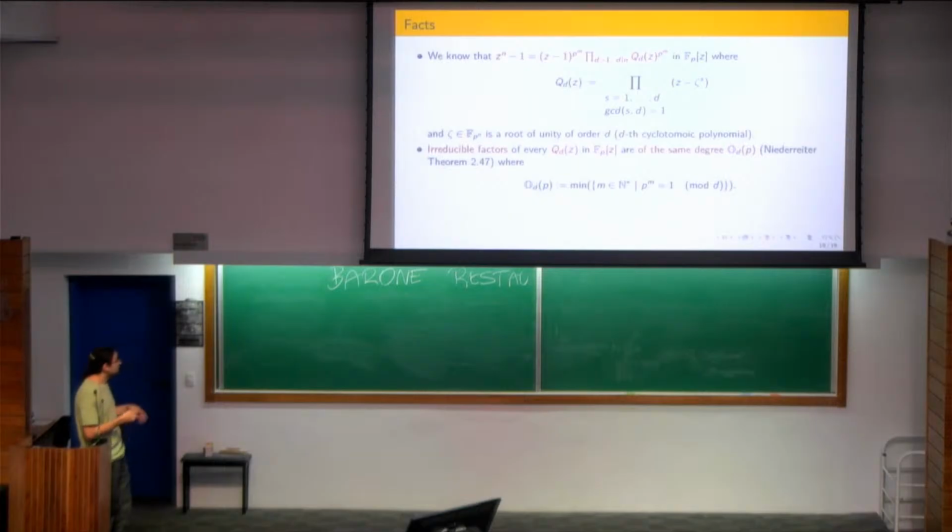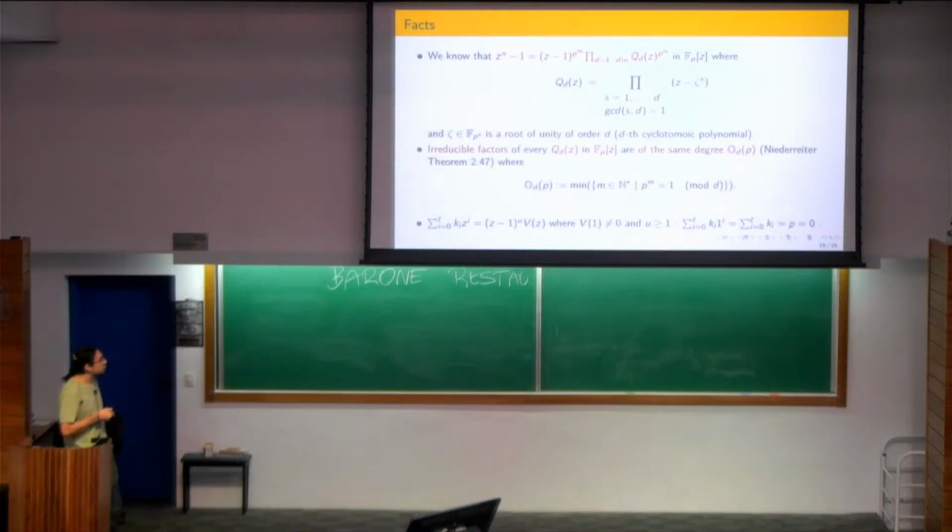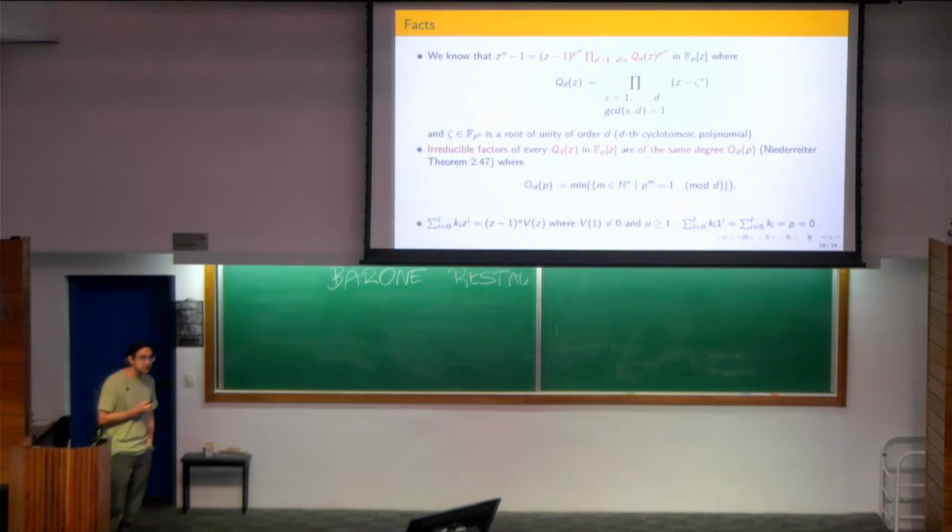The left part of the GCD was just this. If we evaluate this polynomial at 1, we get a sum that is 0 modulo p. So this polynomial can be represented like this, where u is the multiplicity of 1 as a root of this polynomial.